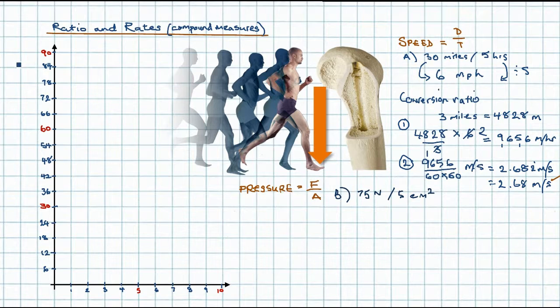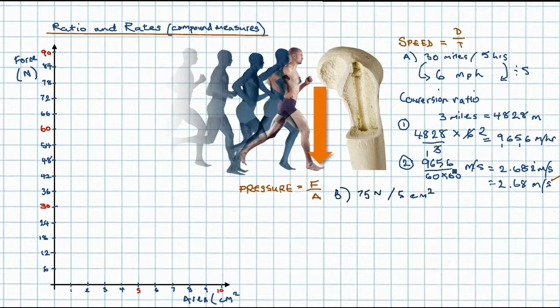So on our axis now, we're going to have force in newtons, and on our x-axis, we're going to have area in, well, actually what we want ultimately is meters squared, but let's have at the moment centimeters squared.